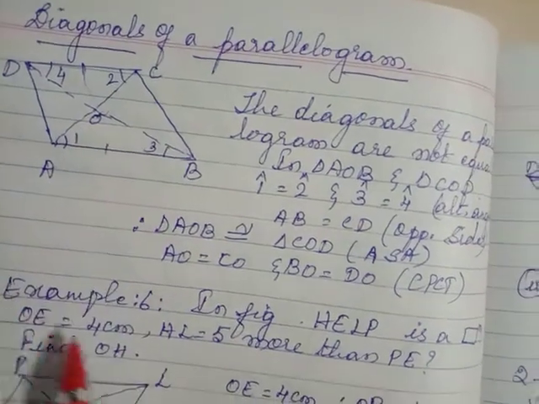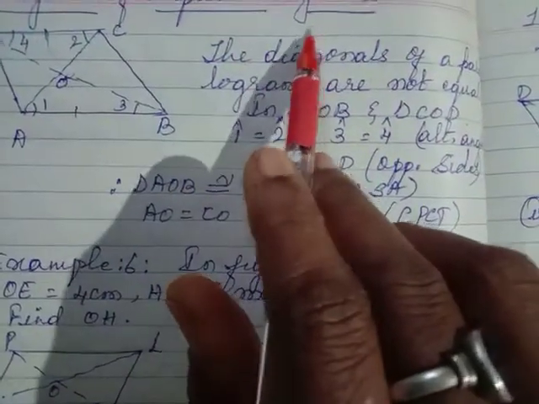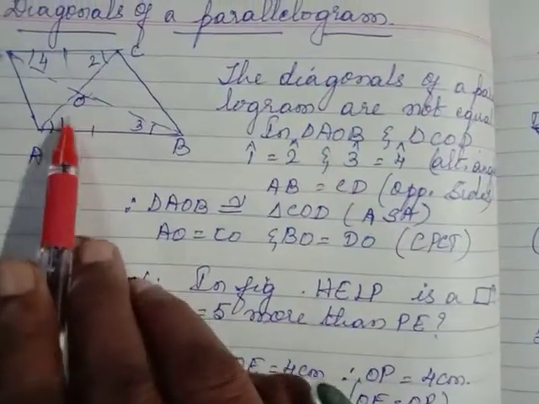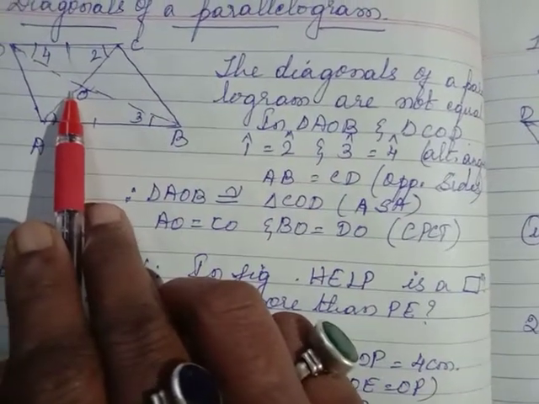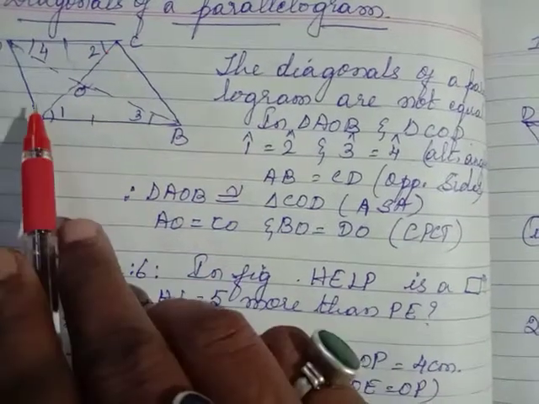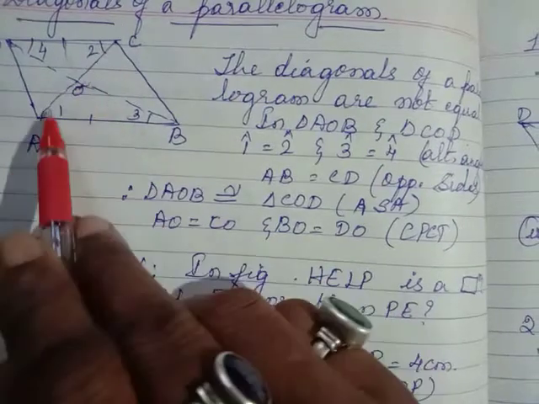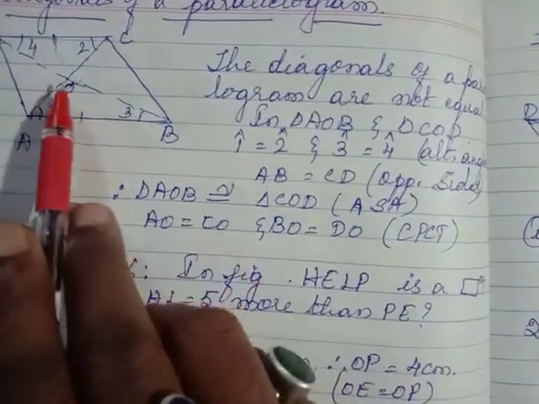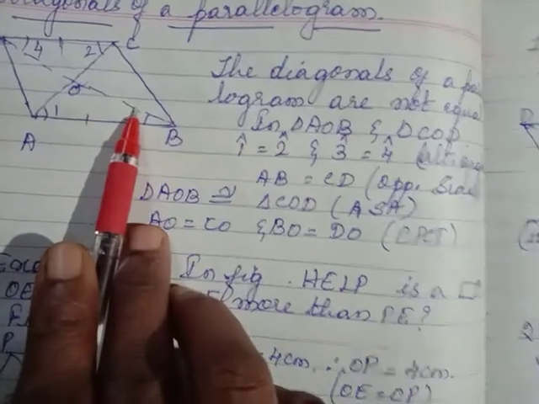So this is what diagonals of a parallelogram are. Once again I am repeating: diagonals are not equal. But see here, AO is equal to OC and DO is equal to BO. This is what we proved. Understood, children?